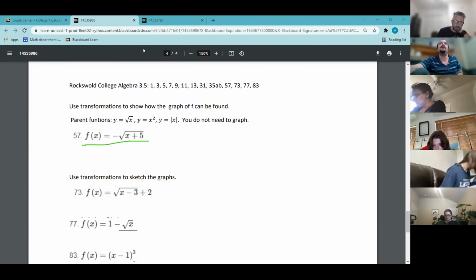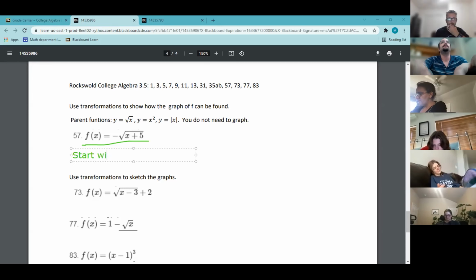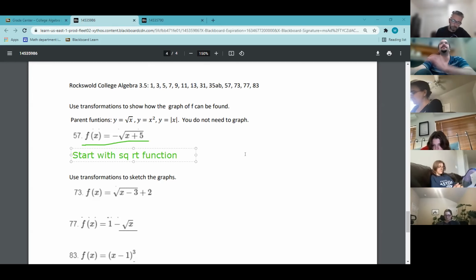So the first thing, what graph are we starting out with? Square root, or what? Oh, sorry, a quadratic. Not square root. Yes. Square root. Let's start with the square root function, y equals square root of x. There's not an easy key to type for that, so I can do it with my pen.